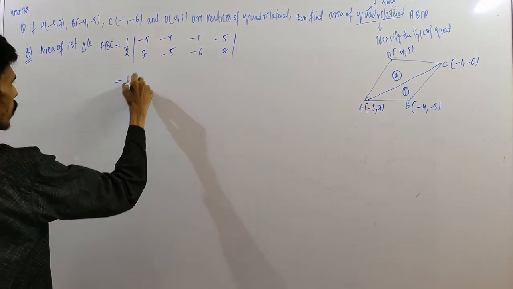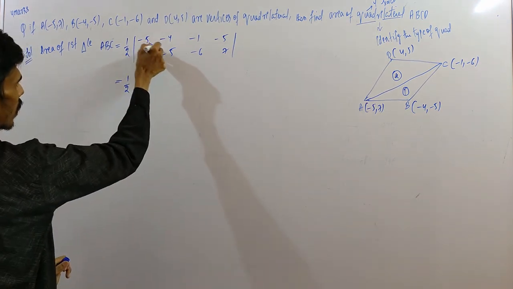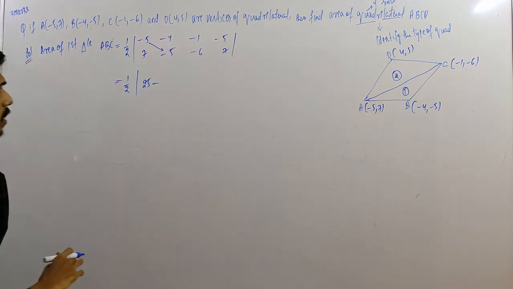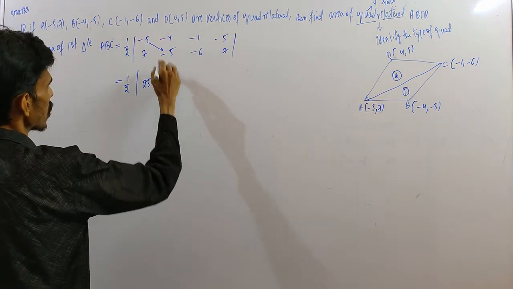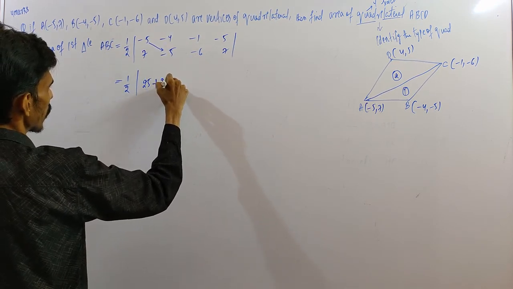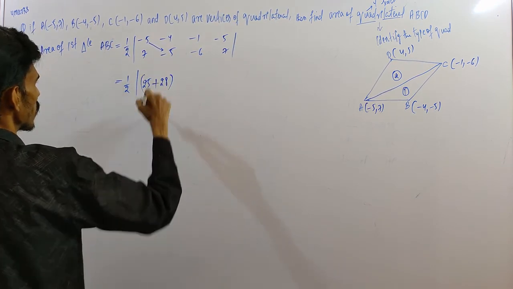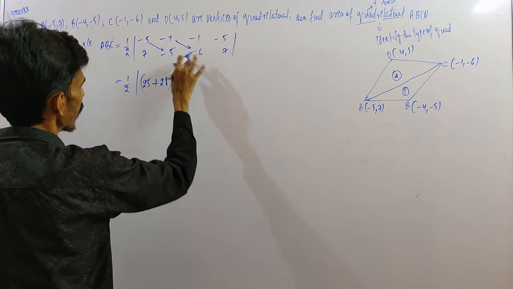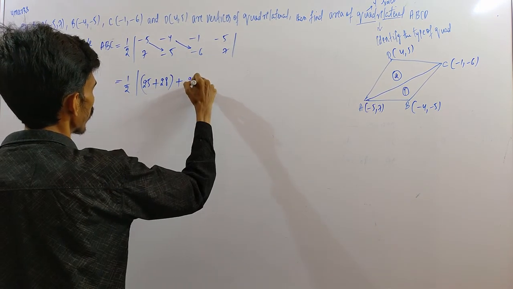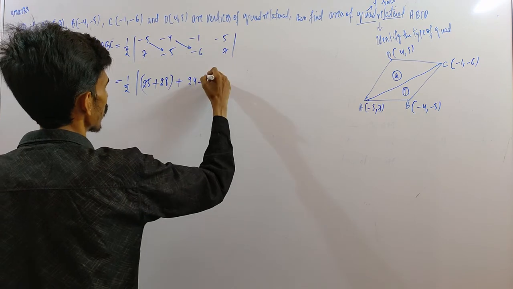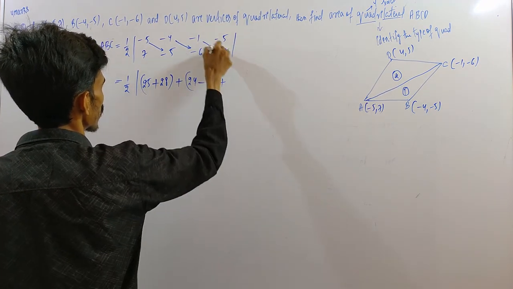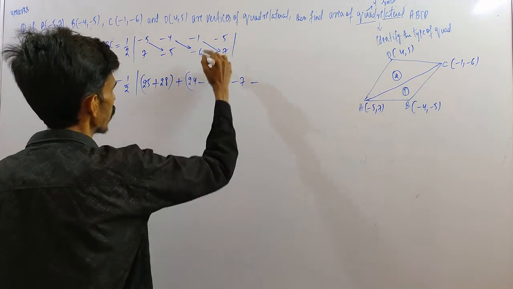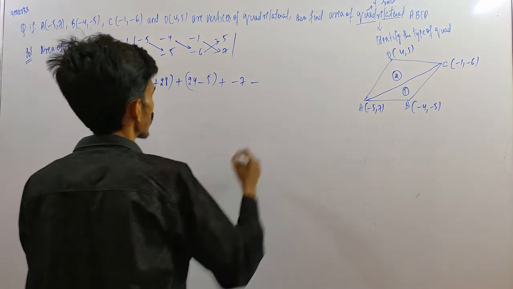So it will become 1/2 mod, cross multiply. 5 into 5, we have 25, we have minus sign. 7 into 4, 28, minus is there, so make 28 here. Now cross multiply here, we have 4 into 6, minus into minus plus, 6 4s are 24, we have minus sign. 5 into 1, 5, plus 1 into 7, we have -7, minus 6 into 5, 30.